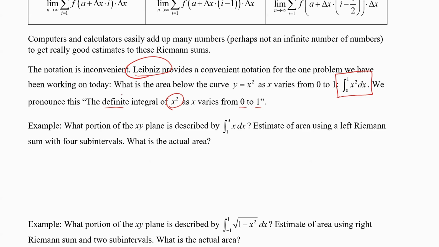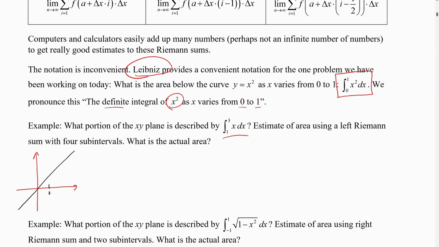Let's take a look at this example and let's see how this plays out. What portion of the xy plane is described as the integral from 1 to 3 for x? Well, I can draw a pair of axes. I can draw the function y equals x. It's like this.